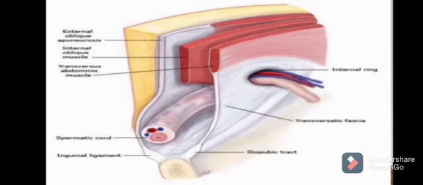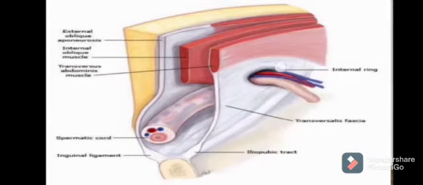In this picture you can clearly see we have the skin, the superficial fascia, and then the aponeurosis of external oblique muscle. This is internal oblique muscle originating from below, and this is the transversus abdominis muscle. On the inside of transversus abdominis muscle, this is the fascia which separates this muscle from the extraperitoneal fat, and this fascia is called fascia transversalis.